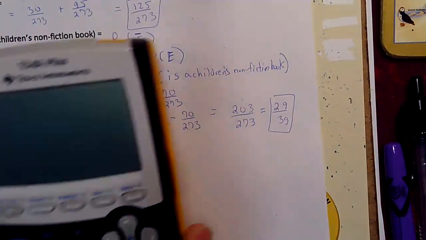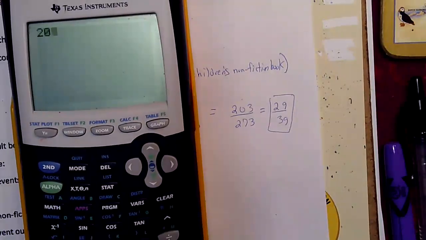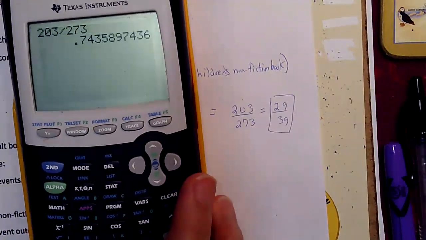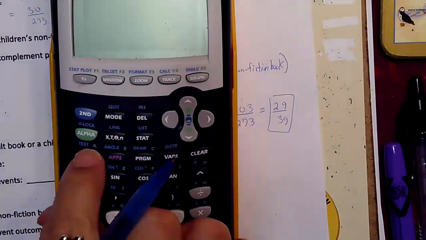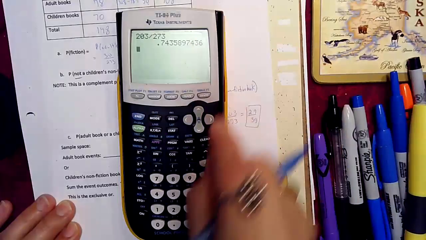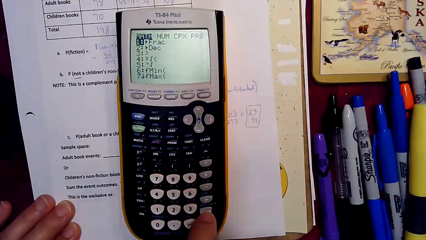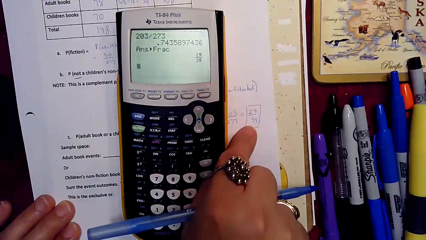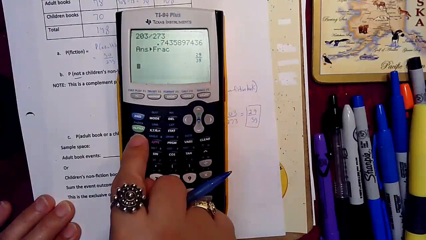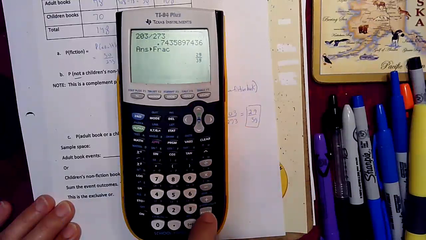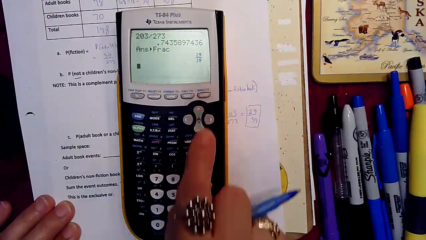We do 203 divided by 273. Here's your decimal. Then you hit math, and then you hit frac. Math, and then you want that frac, so you hit enter, and then you hit enter again. And then it gives you the 29 over 39. Okay, so math, enter, and then enter, and that gives that to you. Okay.